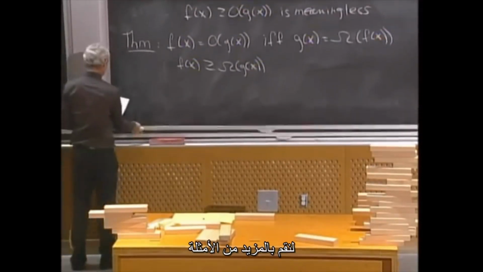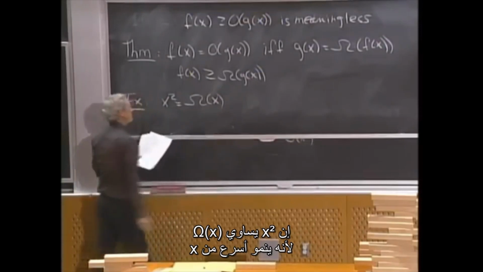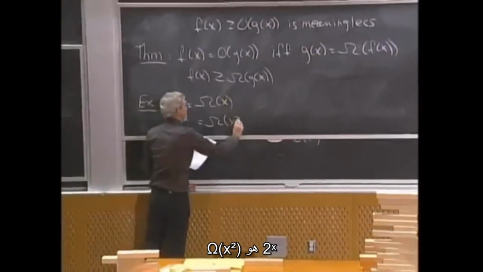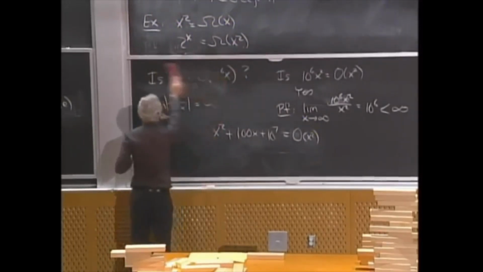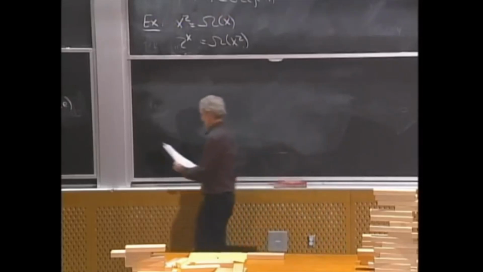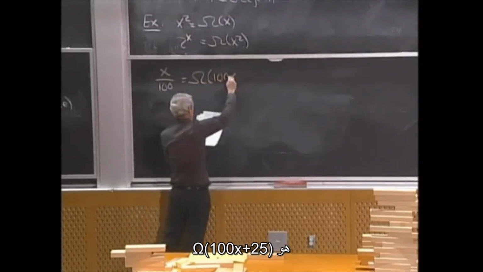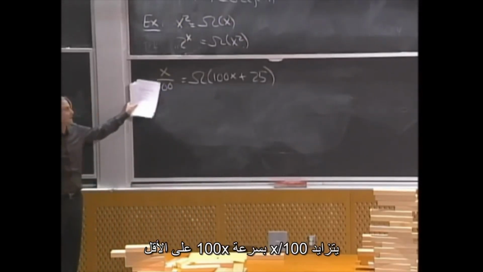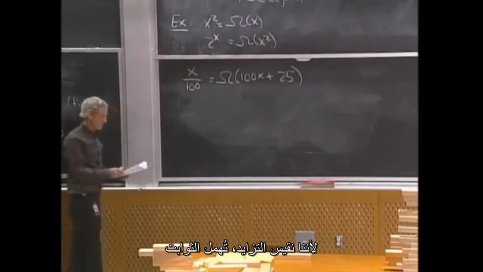All right, let's do some examples. So x squared is omega of x, because it grows faster than x. 2 to the x is omega of x squared. x over 100 is omega of 100x plus 25, because constants don't matter. x over 100 grows at least as fast as 100x does, because we're measuring the growth, so constants go away.